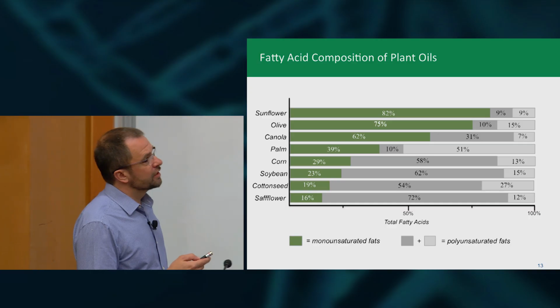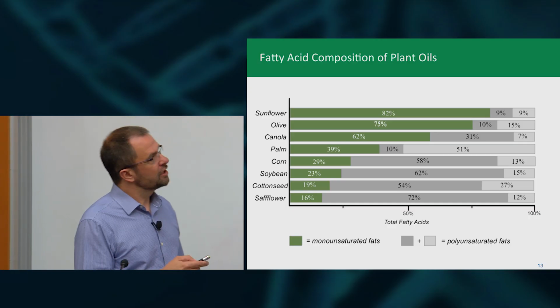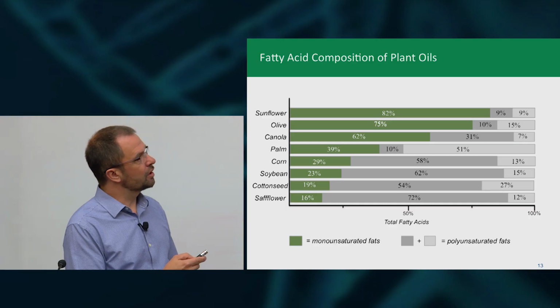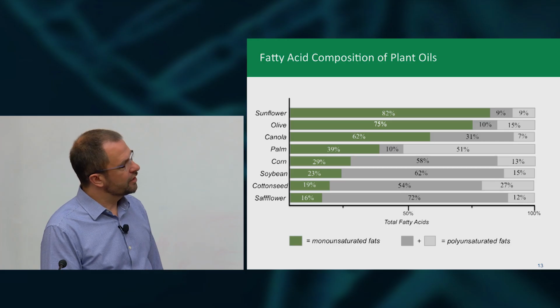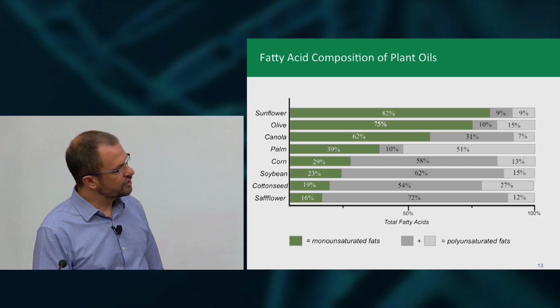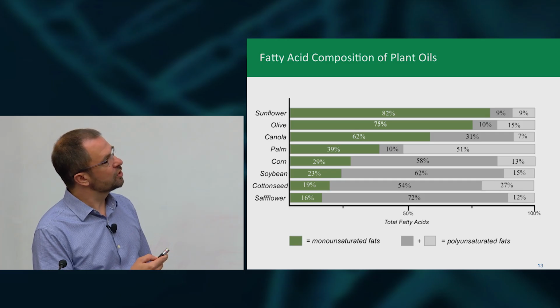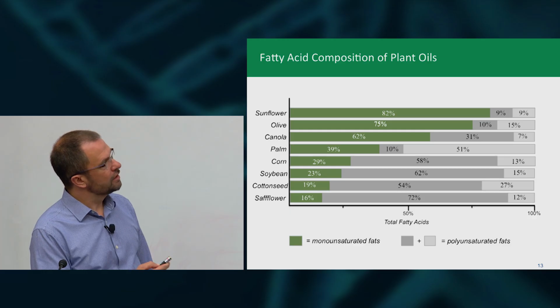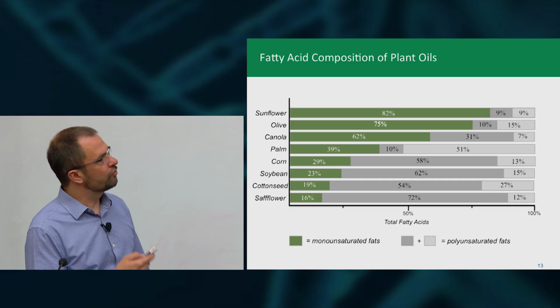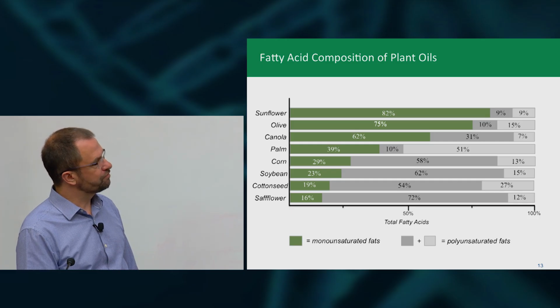So as such, the soybean industry chemically treats the soybean oil so that they convert the polyunsaturated fats into monounsaturated fats, so that they create an oil composition that's more similar to canola, olive, or sunflower oil. These oils are healthy, and are very suitable for cooking and frying purposes.